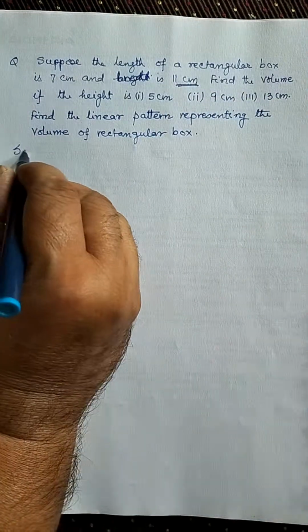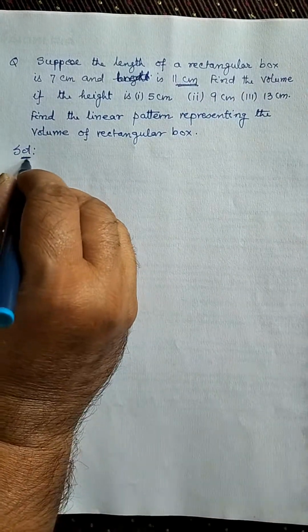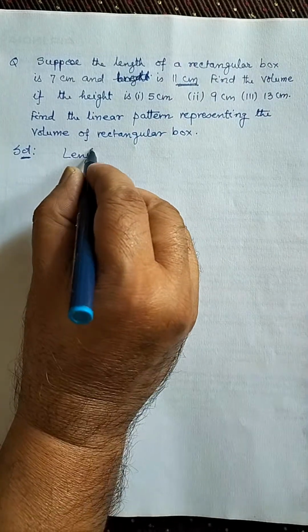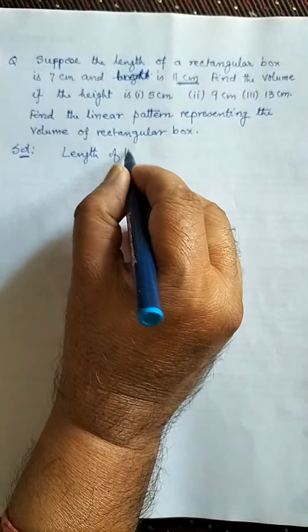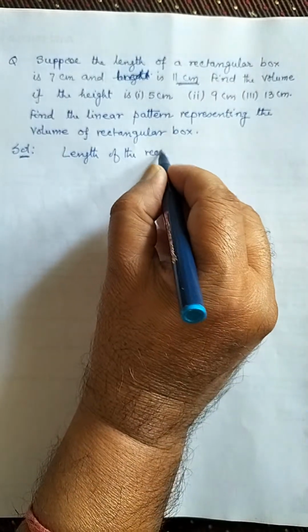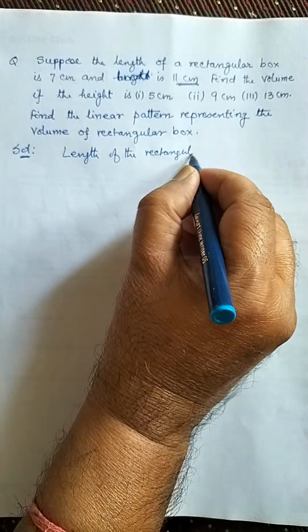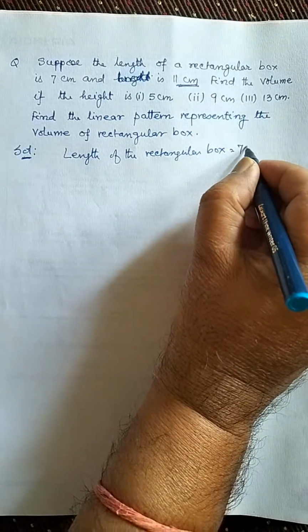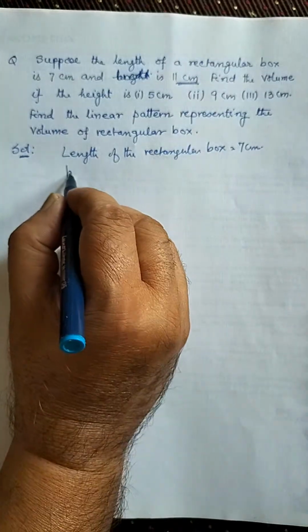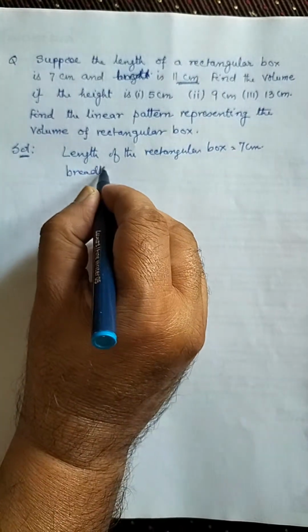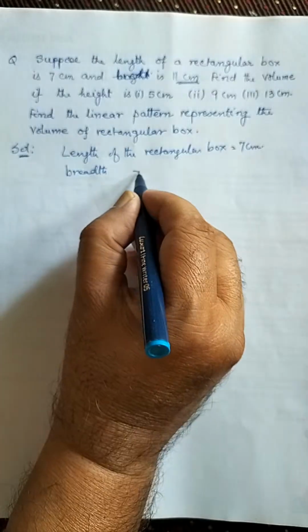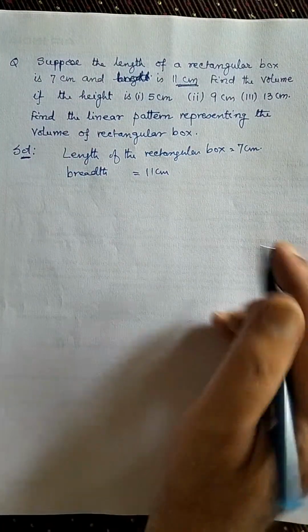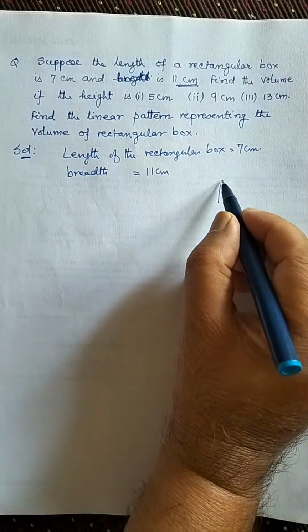So let us start the solution. Simultaneously we will understand the question. Now length of the rectangular box is 7 centimeter and its breadth is 11 centimeter.